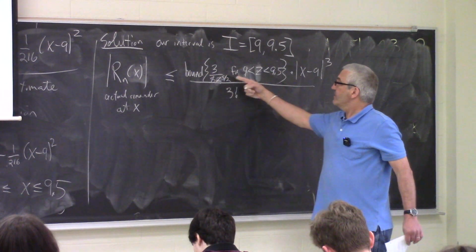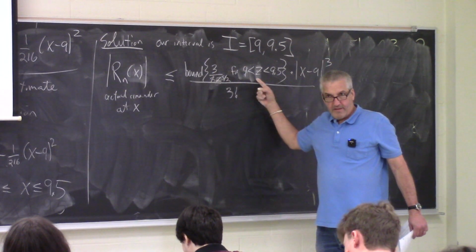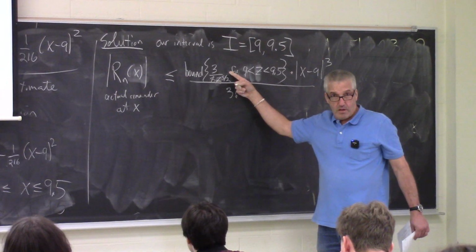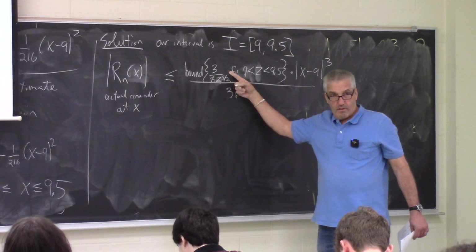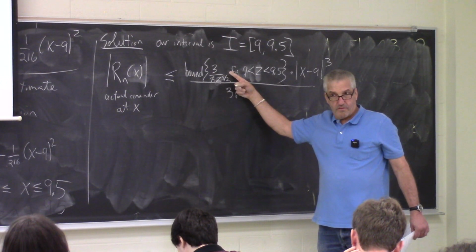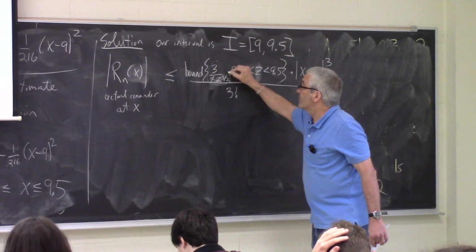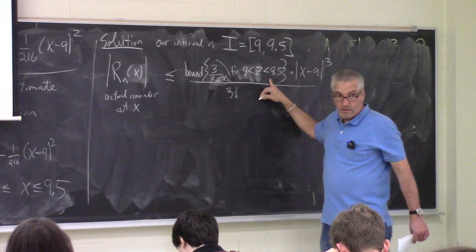Now, what's a bound on this set for z's in this interval? What's the biggest this can be? Who can tell me what they think is a bound on the value of that when z is in that set?